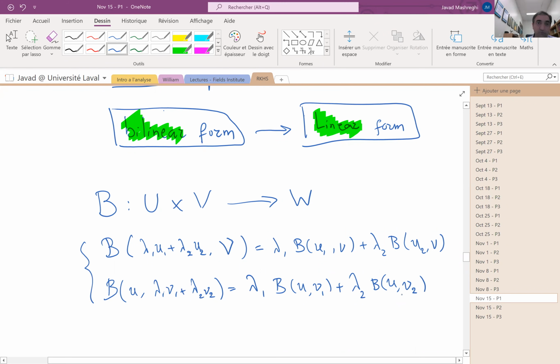Bilinear means linear with respect to the first component and also linear with respect to the second component.